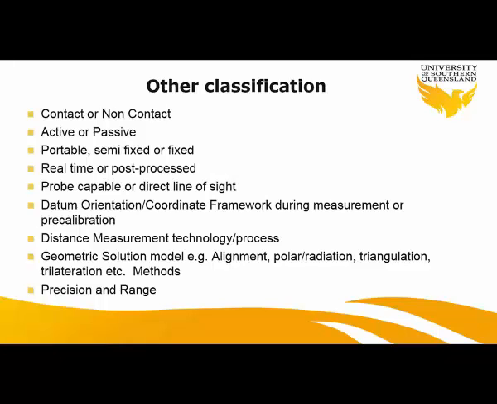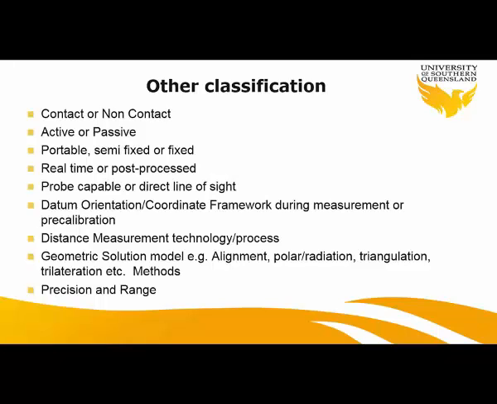You send a signal, the target reflects back the signal, and then you can measure the time of flight or the phase difference to get the distance. So this is the active system. But we do have passive systems like photogrammetry that rely on the reflection of natural or artificial light to illuminate an object, and the system images the object.